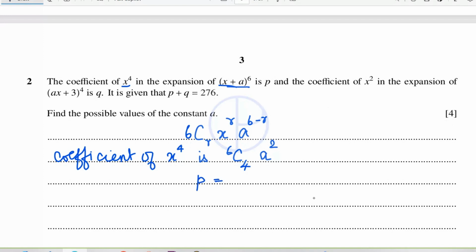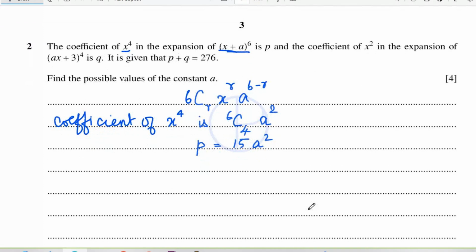The coefficient of x power 4 is marked as p, so p is equal to 15a square. Next we need to find the coefficient of x square in the expansion of (ax plus 3) the whole power 4. So the general term will be 4Cr (ax) power r times 3 power 4 minus r.